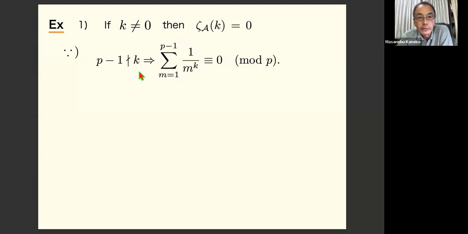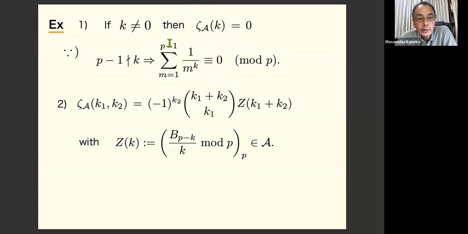For given k, there are only finitely many p such that p minus 1 divides k. But we can ignore those finitely many p's in this ring A. So from some point on, all of these are 0 modulo p, so the representing element is 0. So zeta_A of k is 0.